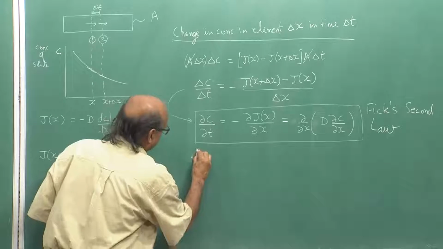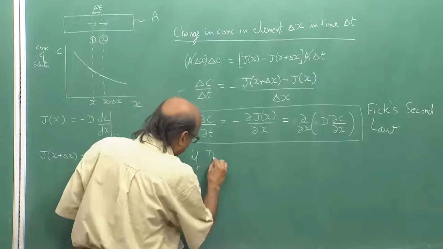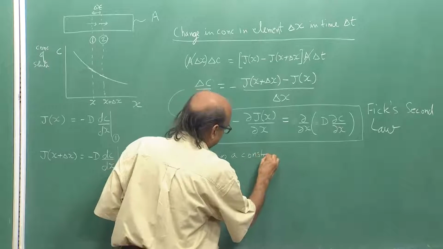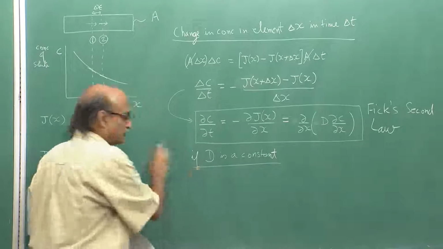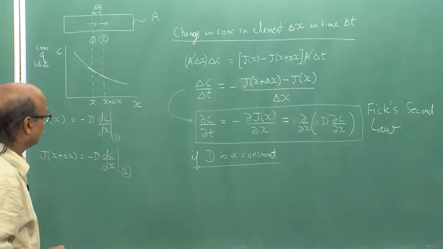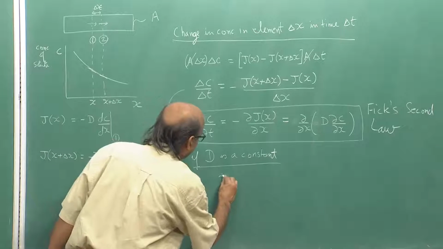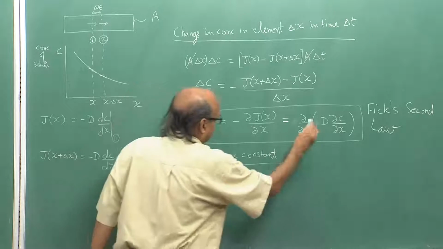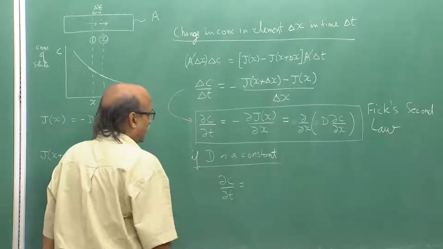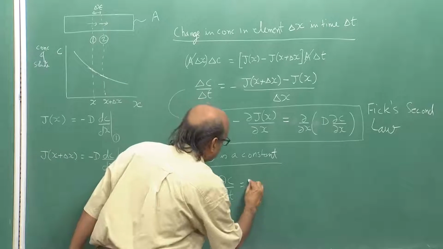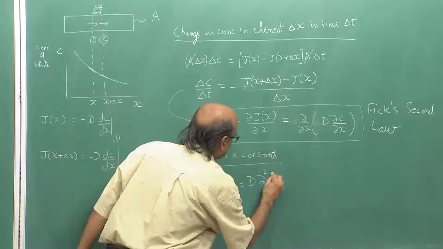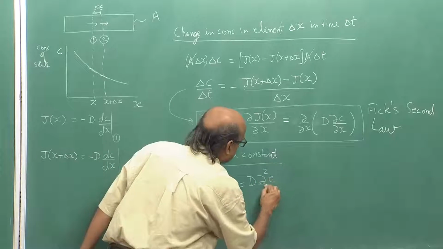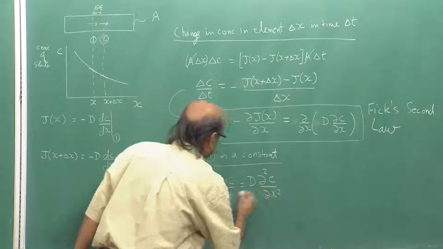If the diffusion coefficient D is a constant, which in many situations we can assume, then Fick's second law can be written as, essentially we can take the diffusion coefficient out of the differential, del c by del t is equal to D del square c by del x square.